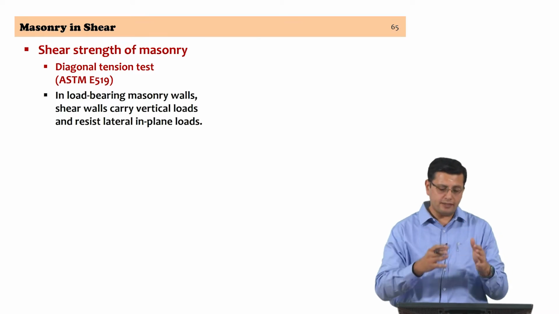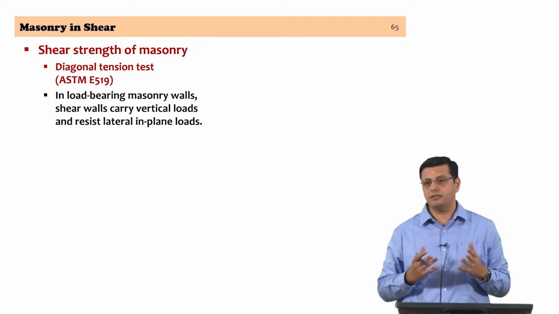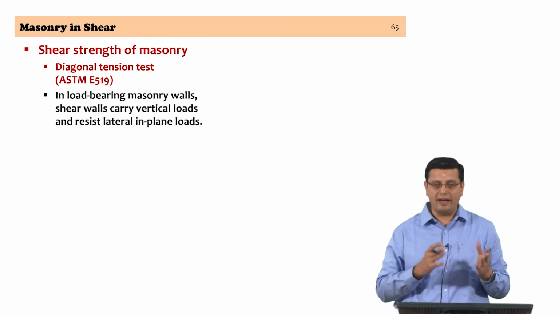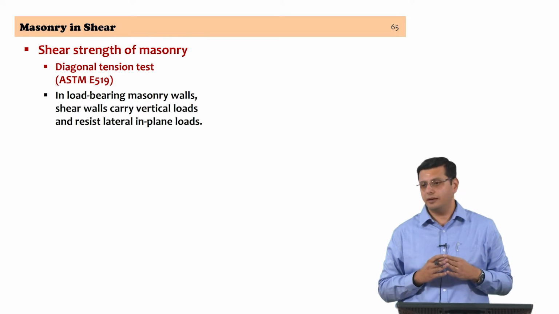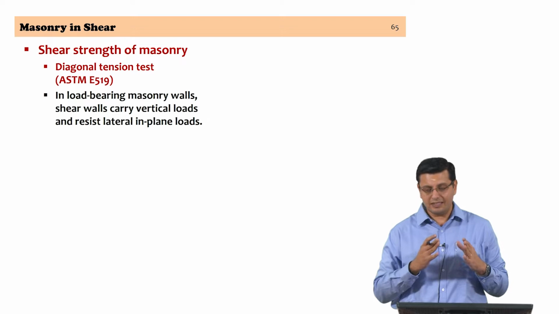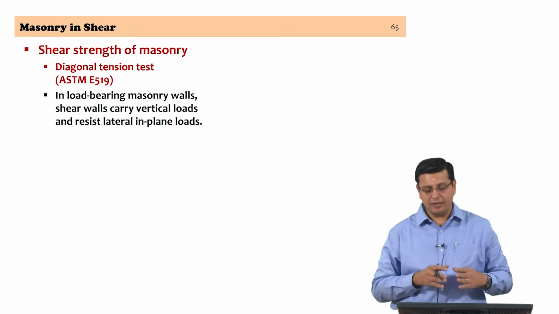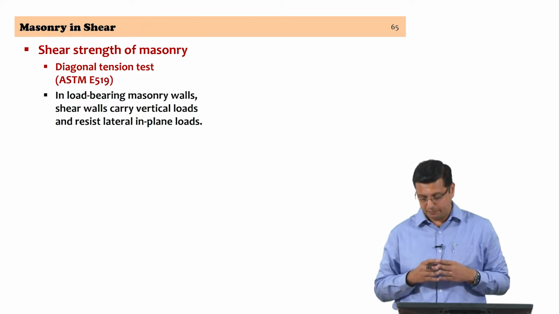So, if you look at a masonry wall, it is really in a state of biaxial stresses. You have stresses due to gravity and you have stresses due to lateral forces acting on it. So, it is this condition that brings us to the basis of a test such as the diagonal tension test.